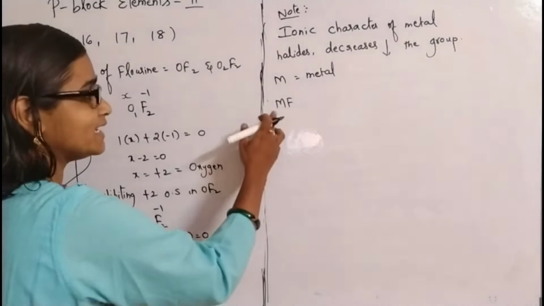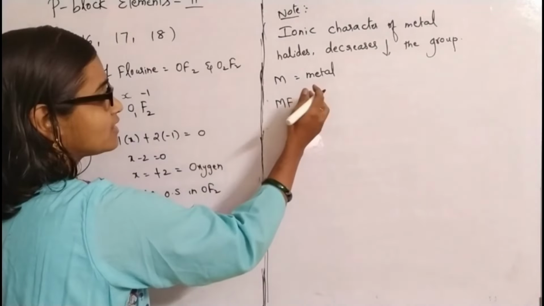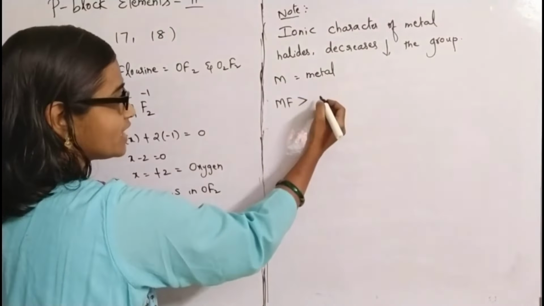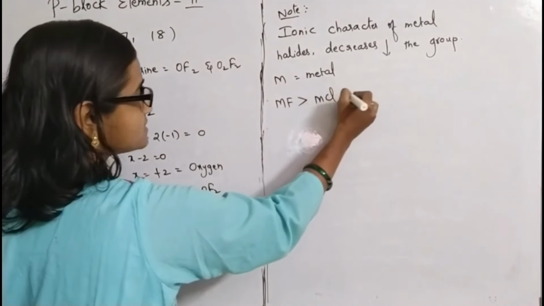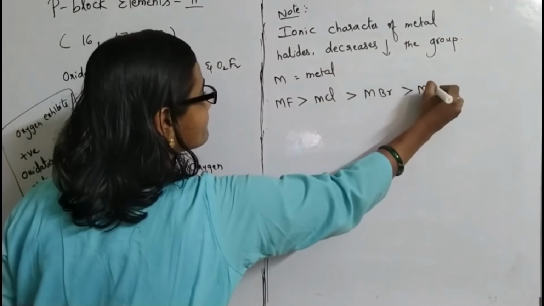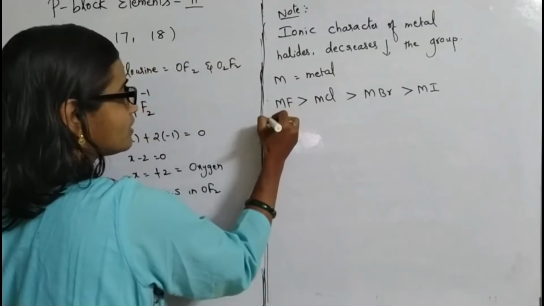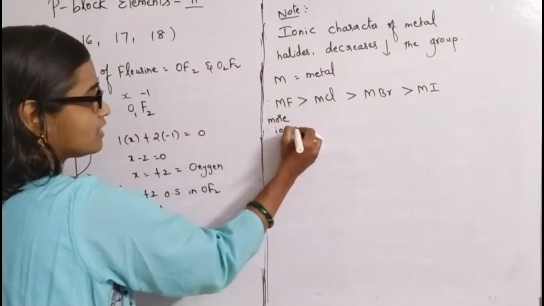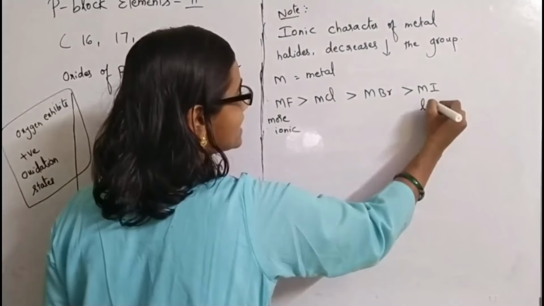The ionic character decreases: MF will have more ionic character, then comes MCl, then MBr, then MI. MF is more ionic, whereas MI is less ionic.